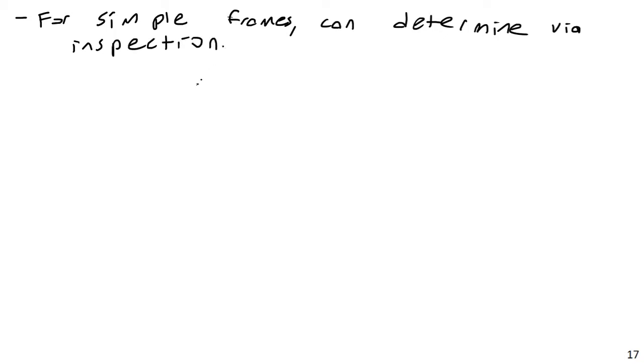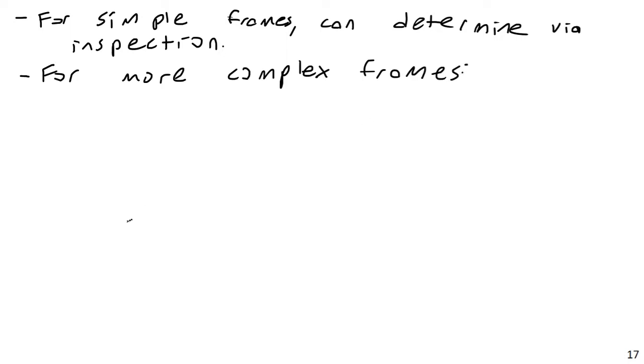But a better method is one that's mathematically determined. For more complex frames, we do have to use the mathematical tool. For more complex frames, a relationship we can use is that if R is less than 3n, it's going to be geometrically unstable.